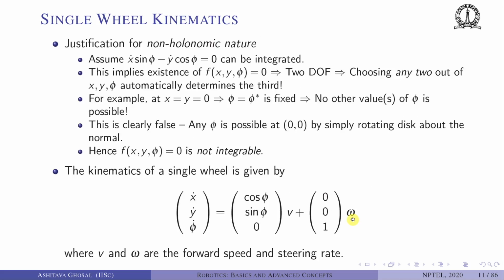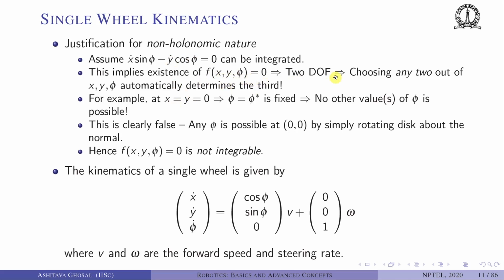So how do we know it is non-holonomic? We assume that this constraint, x dot sin phi minus y dot cos phi equal to 0, can be integrated. If it were holonomic, this constraint could be integrated. So this means there is a function f(x, y, phi) equal to 0.